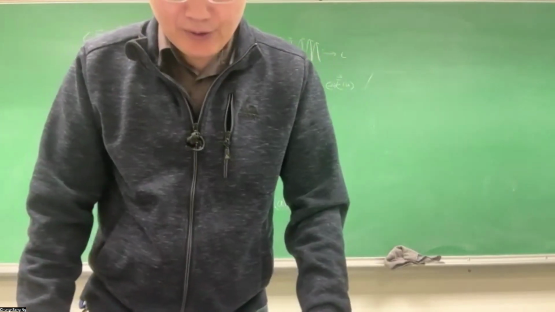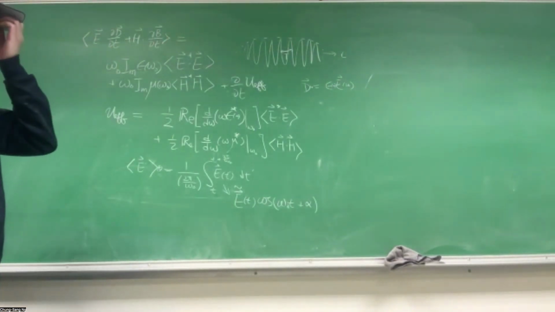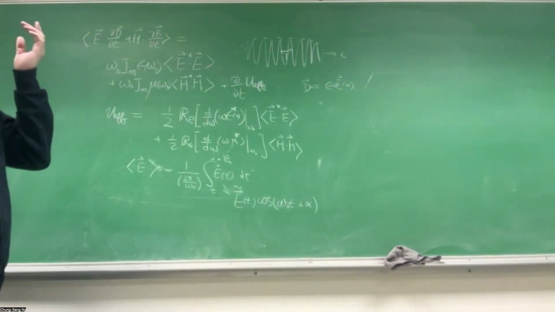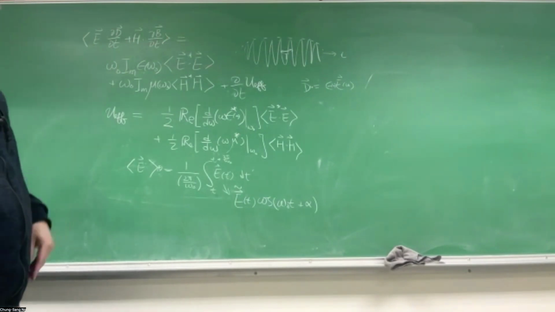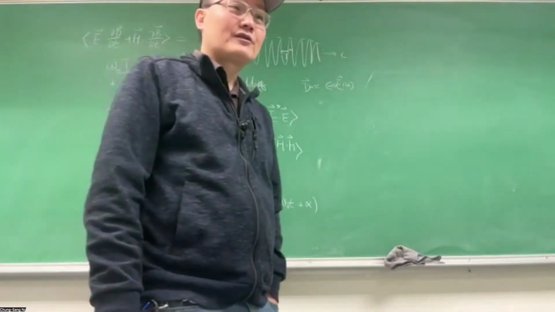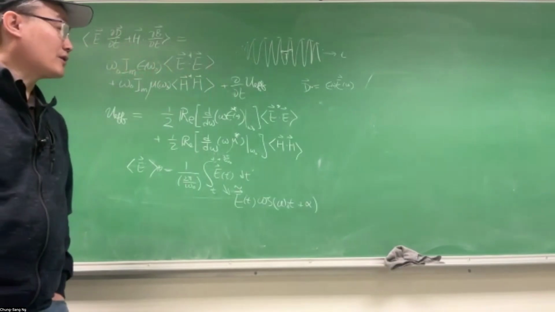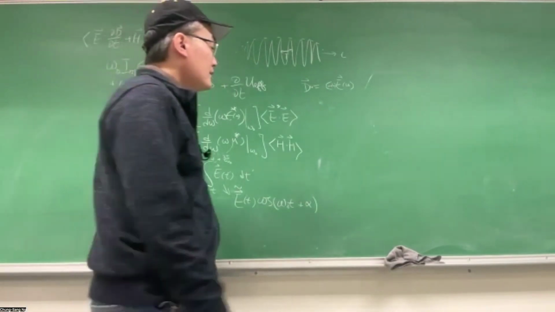The next one is 6.9. This section is now considered the case where the field is exactly single frequency. For natural phenomena, it's very difficult to have a pure sinusoidal or purely oscillatory field.